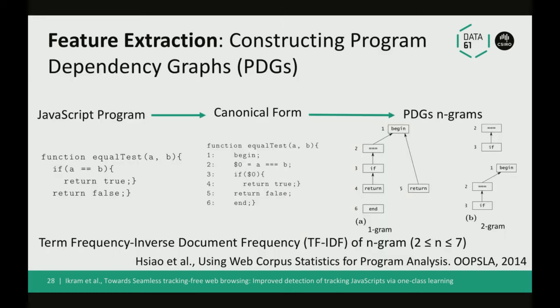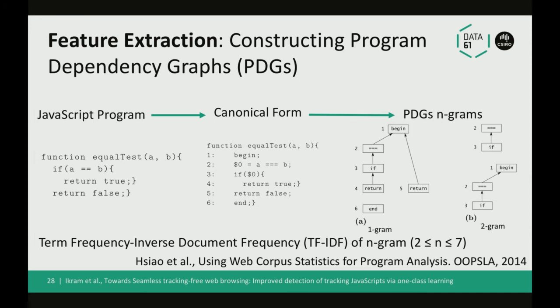So before explaining the classification framework, let me briefly explain the feature extraction. Of course, we know that JavaScript may have very complex statements. We used previous work to convert this complex JavaScript into simple programming statements that we call canonical form, and from the canonical form we extract the program dependency and data dependency graph, and then we calculate n-gram matrices on the program dependency graph.